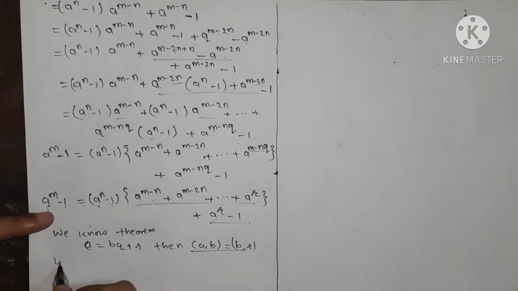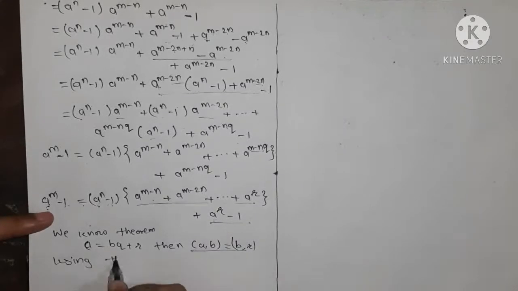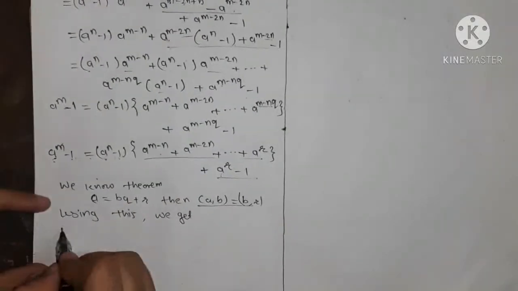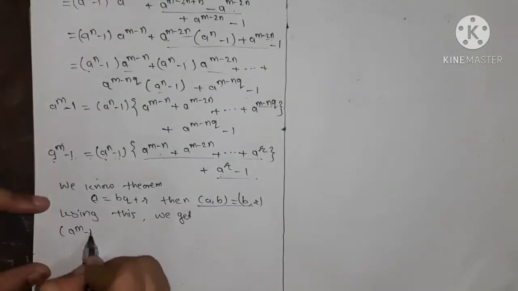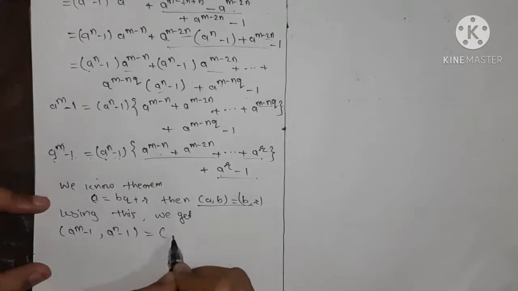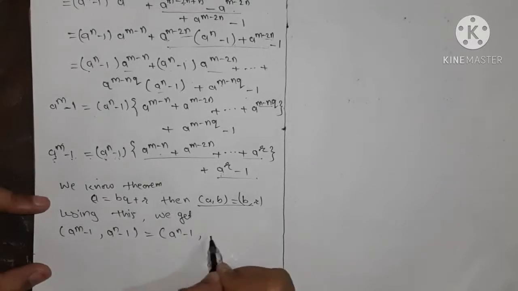So using this theorem, we get the GCD of a to the power m minus 1 comma a to the power n minus 1 is the same as the GCD of a to the power n minus 1 comma a to the power r minus 1.